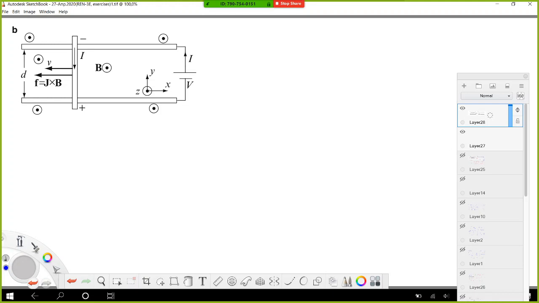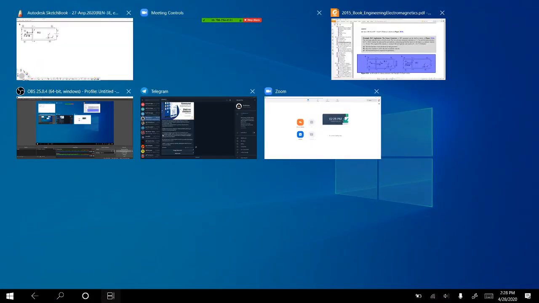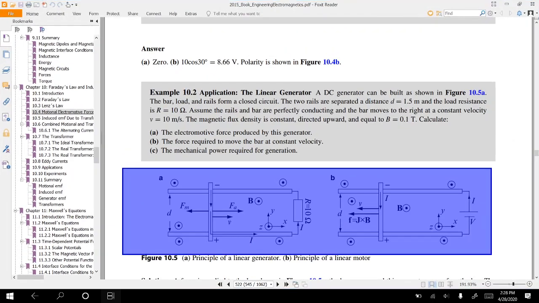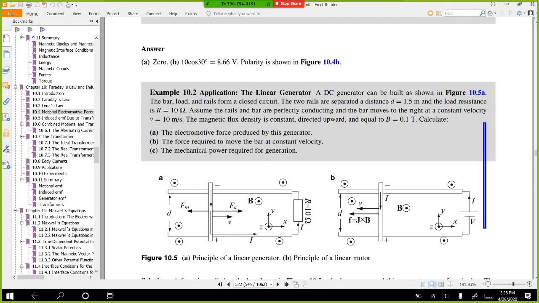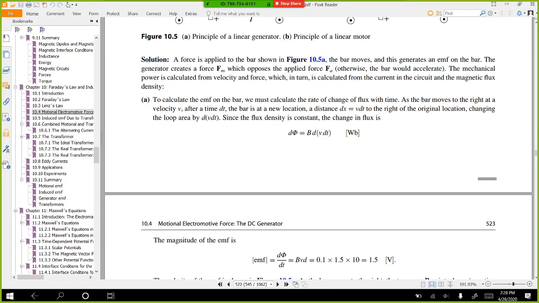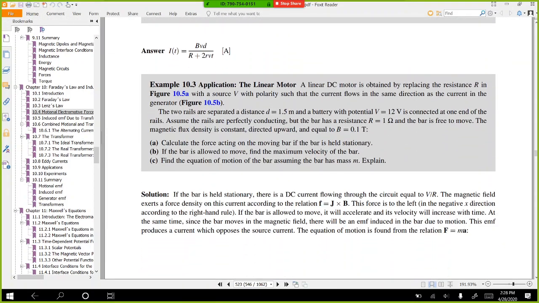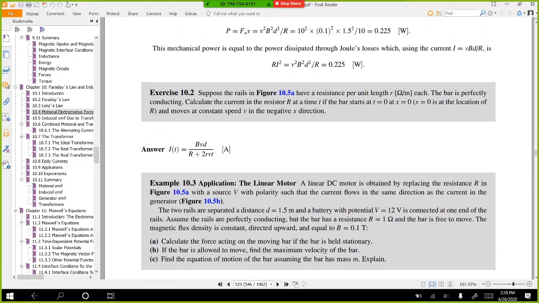And if we look at the next problem, the problem is more or less the same. First, we are asked to calculate. Let me copy the problem itself also. Okay, here is our problem.